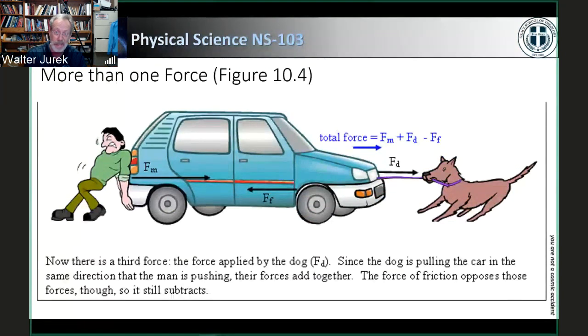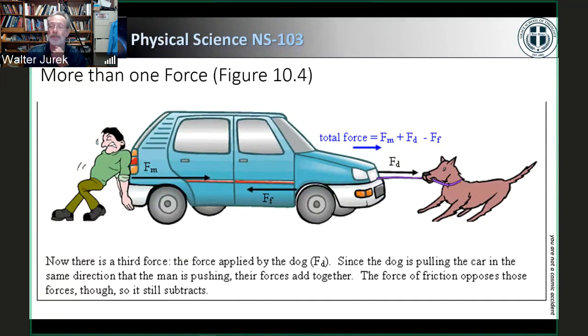The little dog is trying to help. So looking at the car, there are three forces acting on the car. We got George leaning into the bumper trying to get it moving forward. We got his dog pulling it forward, but then we've got friction that's resisting both of them. In the picture, see where it says total force? That's where we'd put that sigma F. Sum up all the forces.